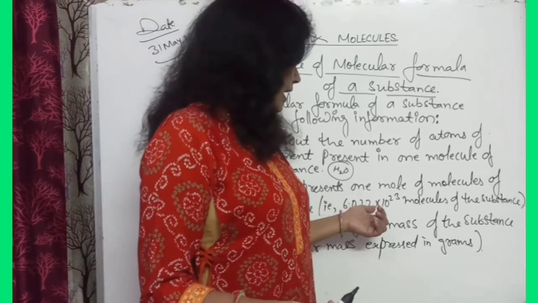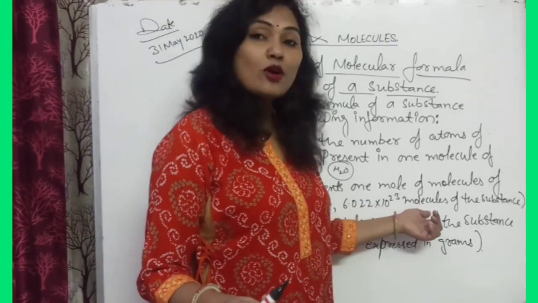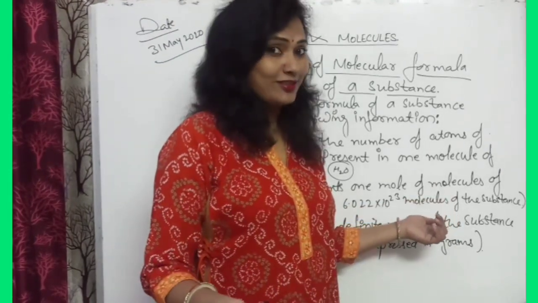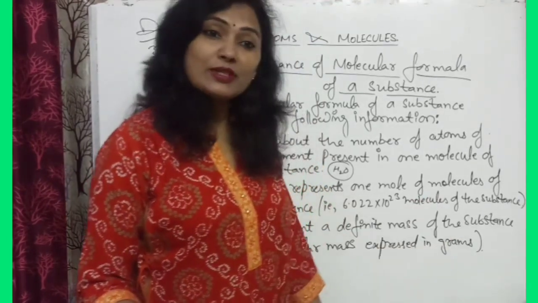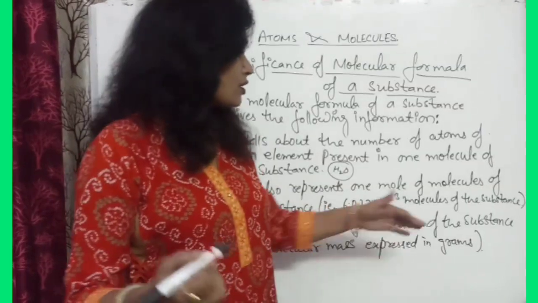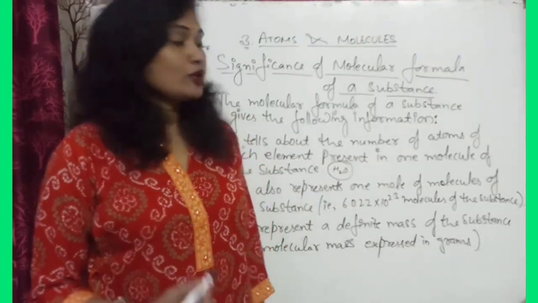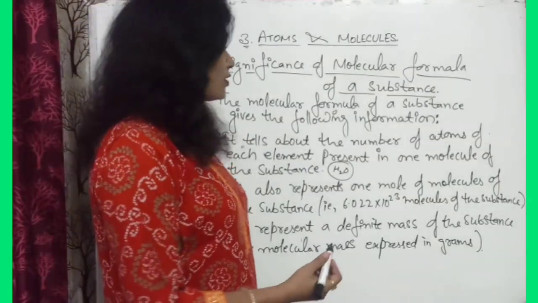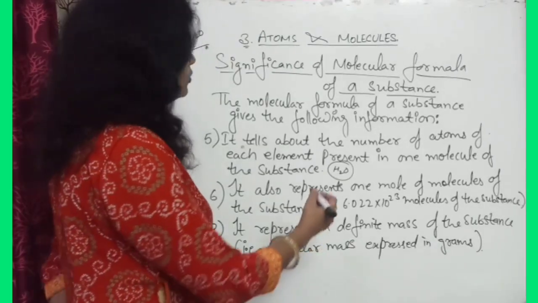So it represents 6.022 into 10 to the power 23 molecules of water. You can write that. Now next, it represents a definite mass of the substance. How will you find out the mass of that substance? I have told you how.